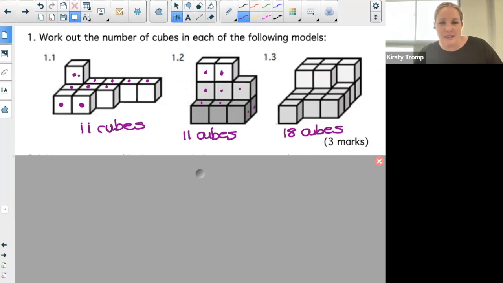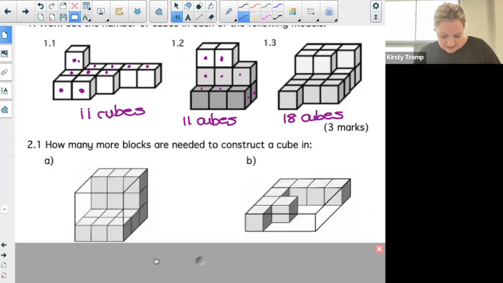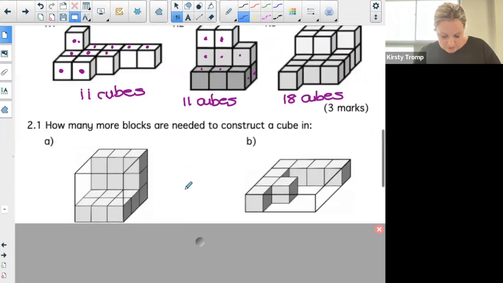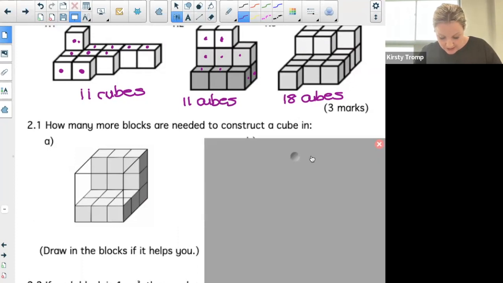Okay, so let us continue on with our worksheets. It says, oh my goodness, are we ready to go? I'm going to block B off because we're not dealing with rectangles tonight.